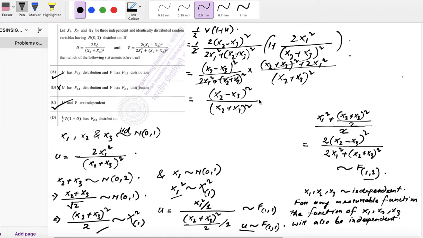Now this should follow f1 and 1. You can check it. So it is given that it has f23, and this is wrong. So we are done with this one. Let's move on to the next question.